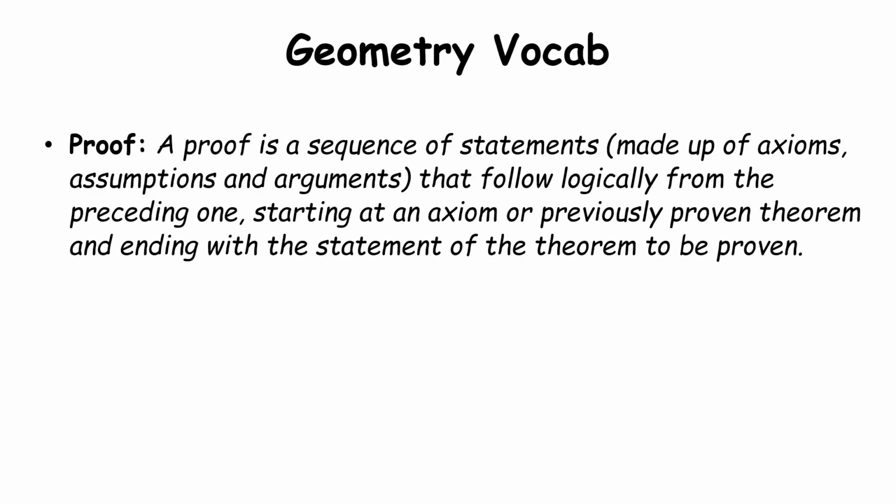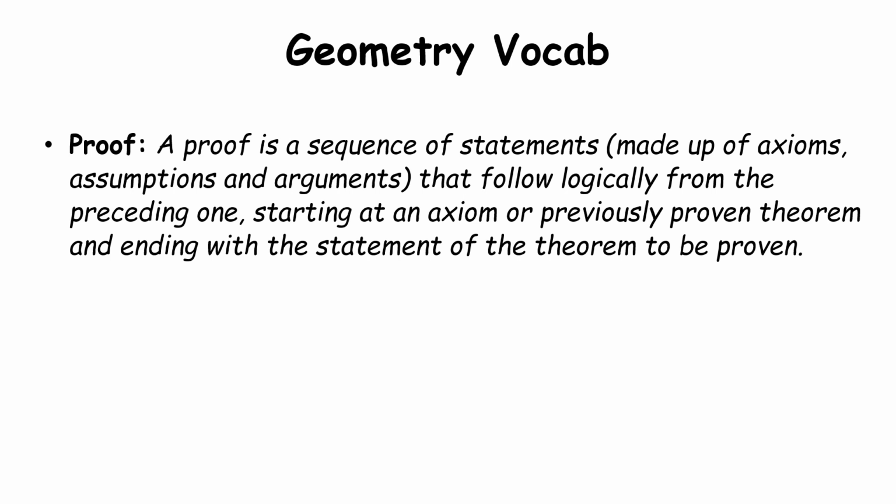Some more vocab. A proof is a sequence of statements made up of axioms, assumptions, and arguments that follow logically from the preceding one, starting at an axiom or a previously proven theorem, and ending with the statement of the theorem to be proven. You've had 5 examples of formal proofs which you would have had to learn off for Junior Cert Higher Level in the geometry section of the course.